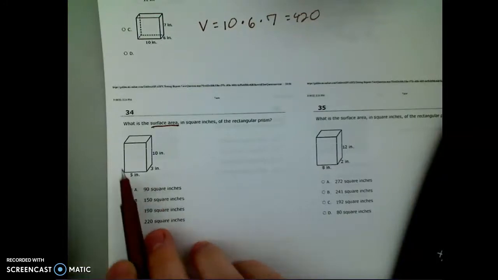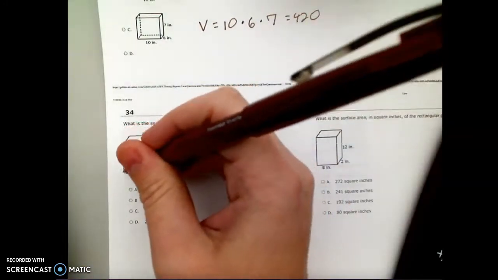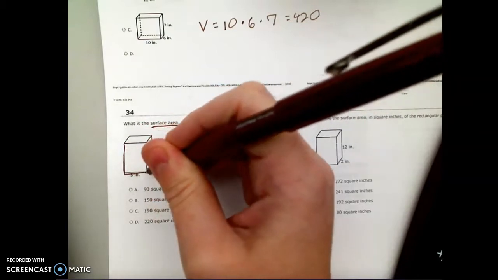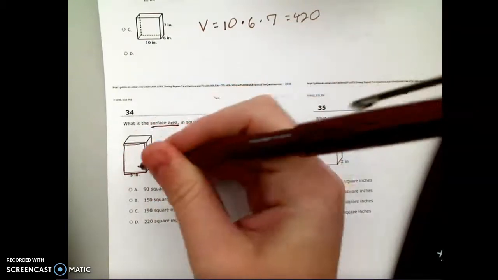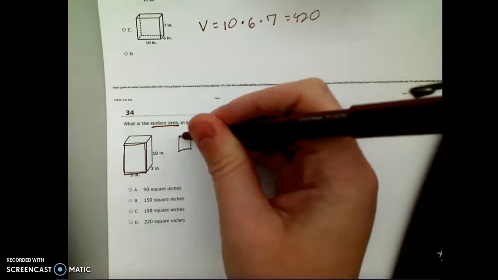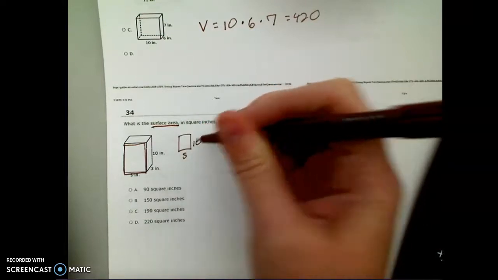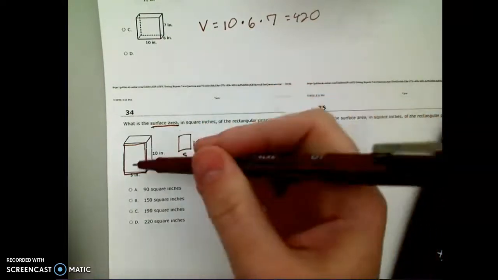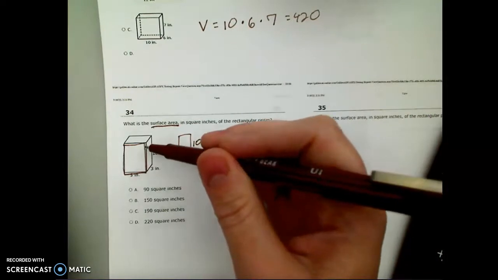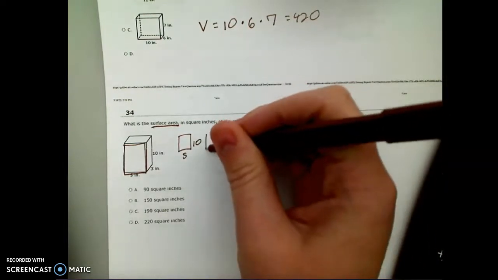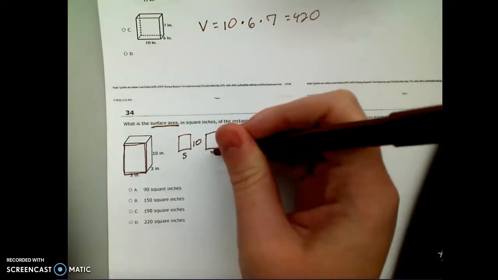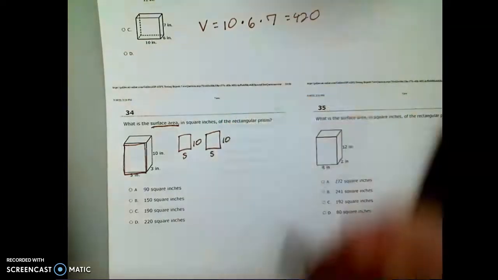Okay? So I can see that I have a 5 by 10 right here. How many of those do we have? Well, there's one that we can see, and there's one behind it that we cannot see. It's in the back. We need to make sure that we get that covered in the wrapping paper as well.